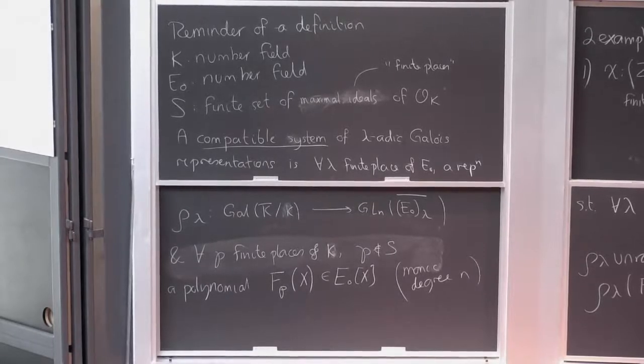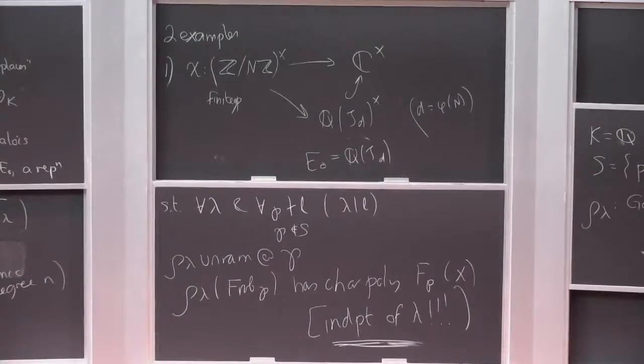So K is Q, and rho lambda goes from Gal Q bar over Q to Gal. The reason I mention it is there's Q zeta n, and there's Q zeta d, and d is not equal to n, and it looks a bit confusing, but it's not confusing because this is the K side, and this is the E side. So they're allowed to be completely unrelated number fields. There's rho lambda, Gal Q bar over Q, to Gal Q zeta n over Q, and that's canonically (Z mod nZ)star.